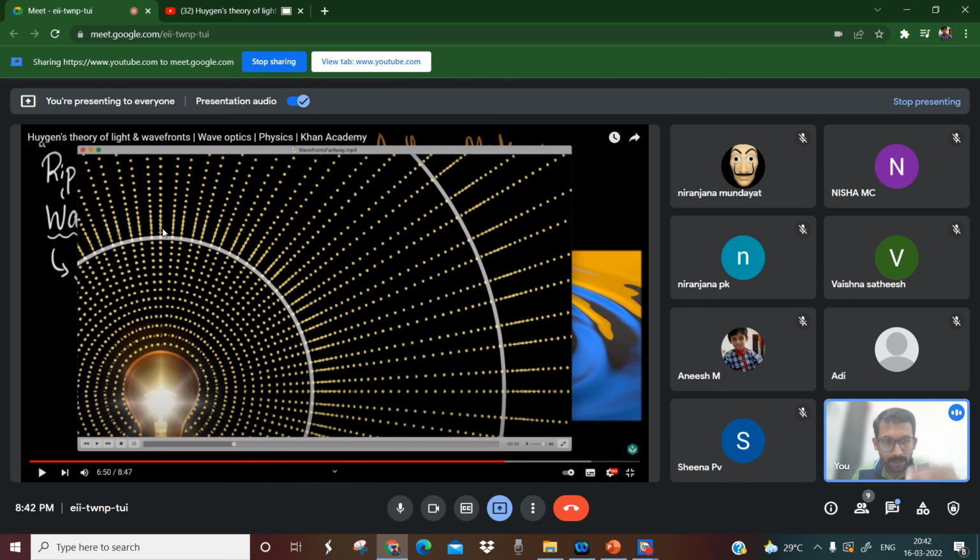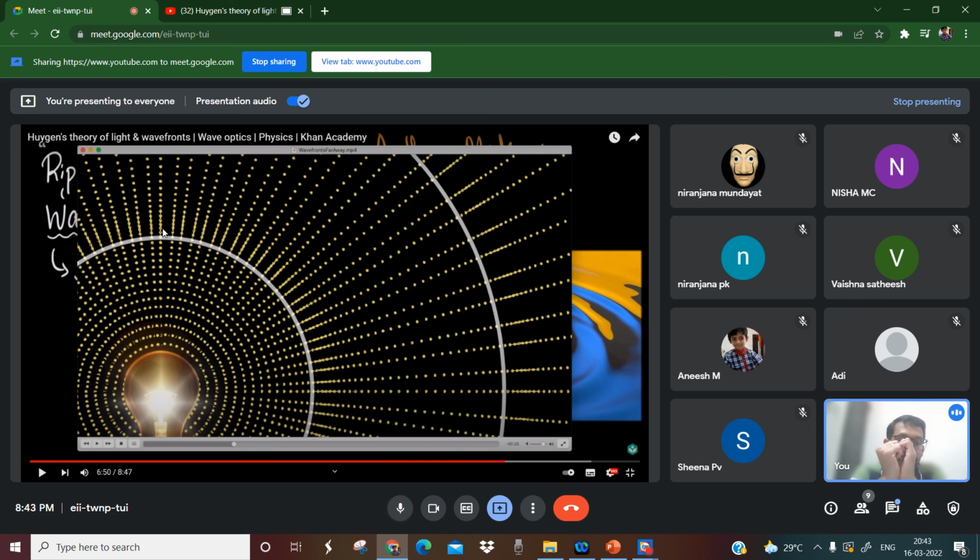This is also three-dimensional, right? What will be the shape? If I am using a rectangular shape source, what will be the shape of the wavefront? It will be cylindrical in shape.